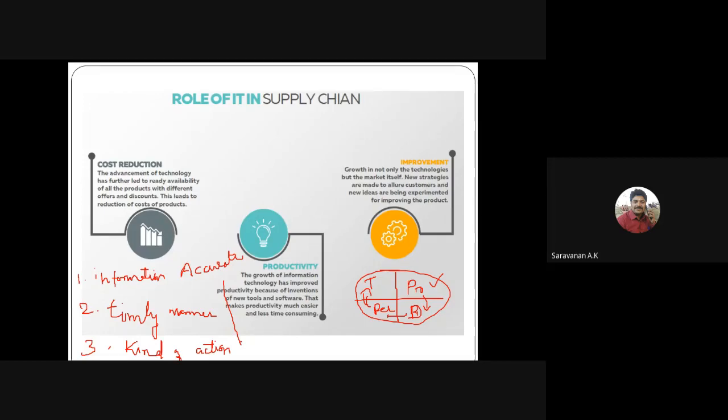Because of correct data collection, it helps to update the information in a timely manner, and it helps to give accurate information. So the information accuracy has to pass among the supply chain networks. These three are the important terms while making decisions in the supply chain in terms of information technology, so you have to remember these three.